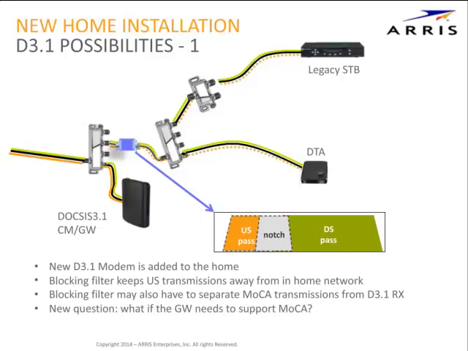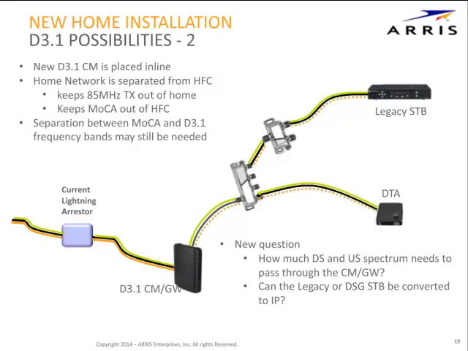One possibility that is being discussed in the industry is you could use a cable modem or gateway that now has two connectors. One connector that looks toward the HFC and another connector that looks toward the home. This has a couple of benefits. It keeps those 85 megahertz transmissions strictly out of the home. It keeps MoCA out of the HFC. No more worrying about whether or not someone has installed that pesky PoE filter.